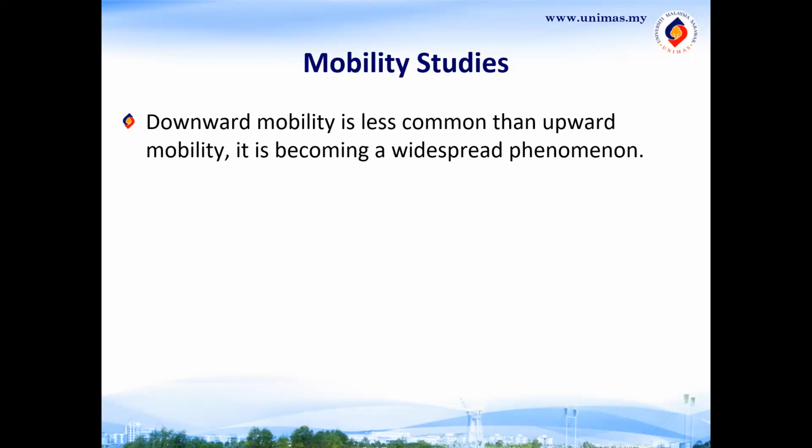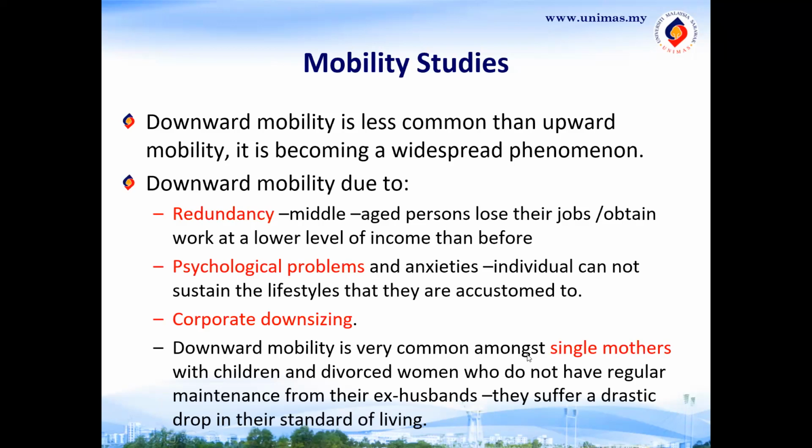And it is becoming a widespread phenomenon. Jadi memang berlaku secara umum, ya, upward mobility itu berlaku merata dunia, ya, not only in the west but also happening in the east as well. Jadi walaupun jarang berlaku downward mobility, tetapi pernah berlaku ya.